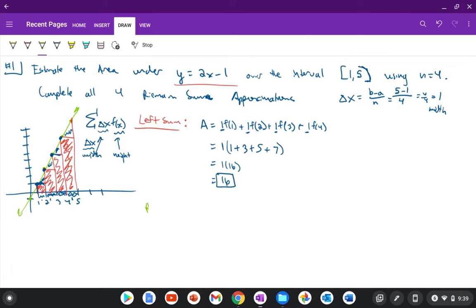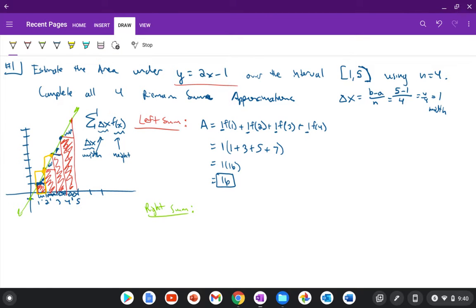Now if I were to do a right sum, it's very similar, except now I'm going to be using my right side as my rectangles. Yellow here. So my right side is going to dictate the height. So right down here would be my first rectangle.